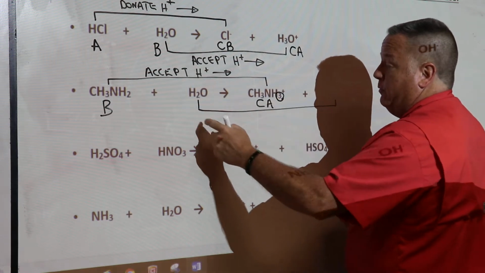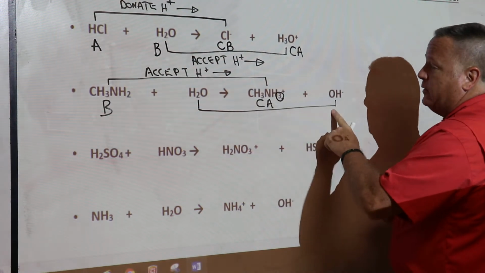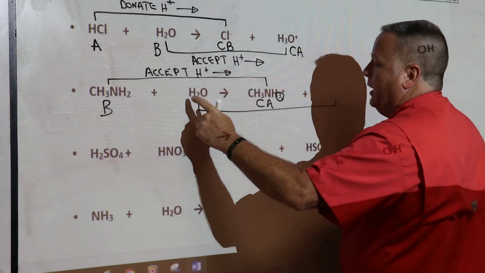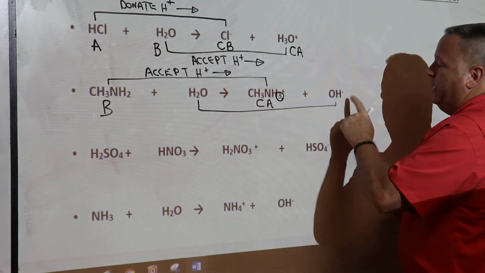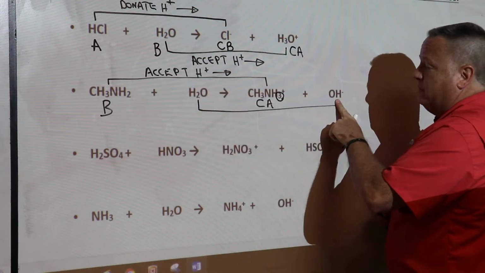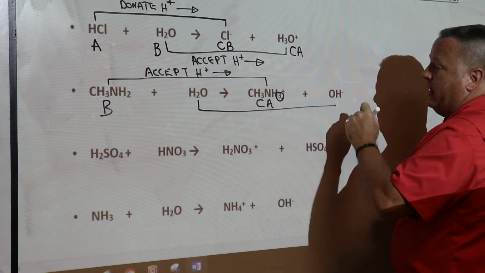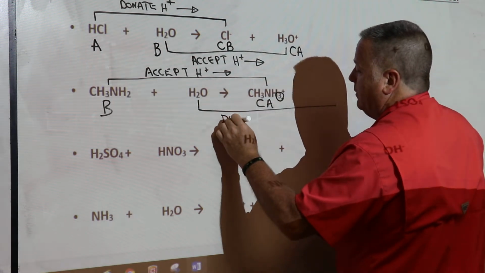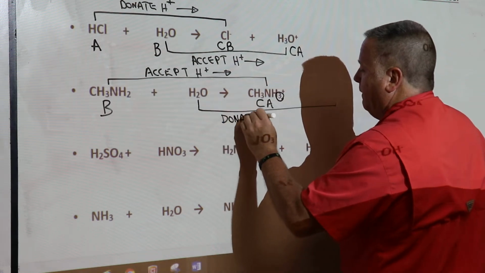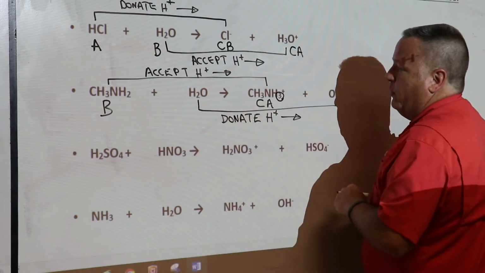All right? So based on what we have right now, this should be the acid, but let's follow the hydrogen to see what happens, okay? The H2O becomes OH negative. This has 2 hydrogens, this has only 1. So in order to go from here to here, it had to donate a hydrogen. To get to that point.